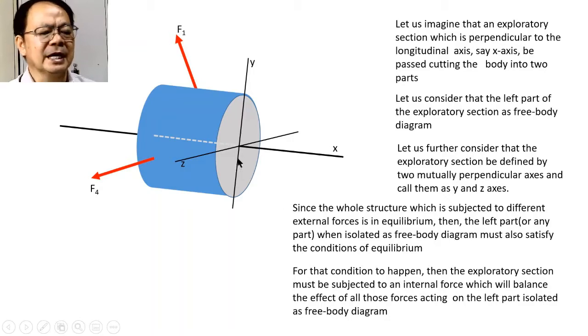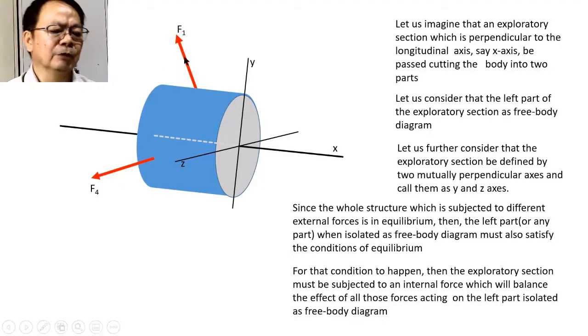Kaya inaasahan natin dahil nga pinutol natin siya, we take the left part of that exploratory section, merong natirang dalawang external forces na nag-act dito, then of course because of this cut section, masasubject siya sa unbalanced forces.